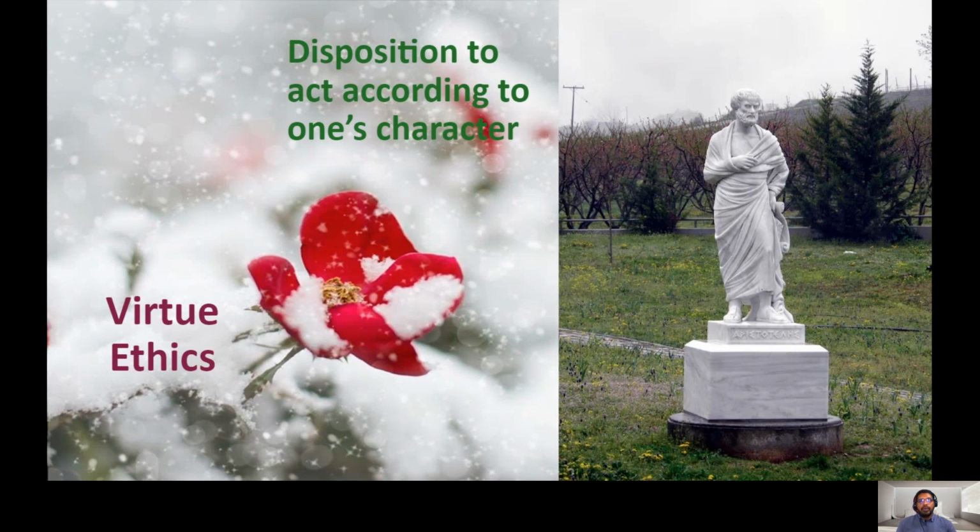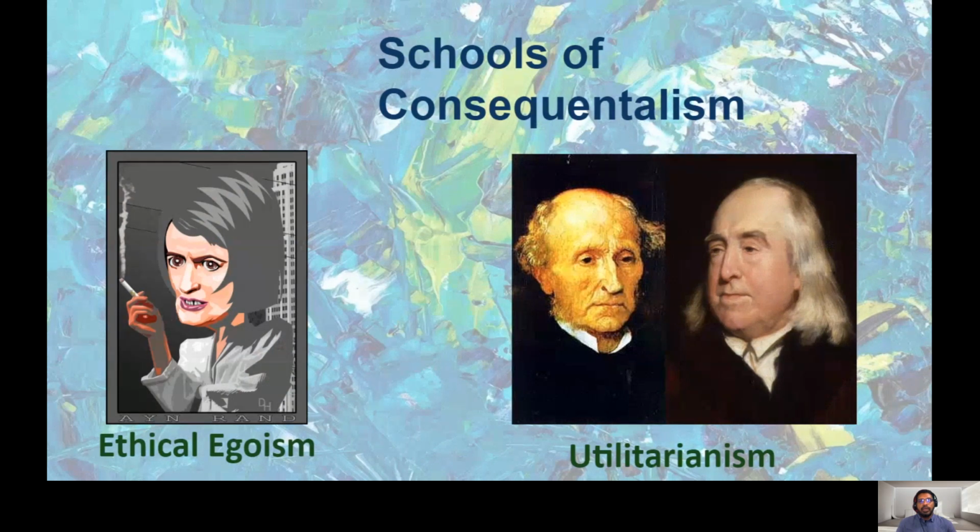Now, as I said a while ago, consequentialism has two important schools. Of course, there are many schools, but these two are the major ones. They are ethical egoism and utilitarianism. On the left of the screen, you find the image of Ayn Rand, a Russian-born American citizen who is a champion of the school called ethical egoism.